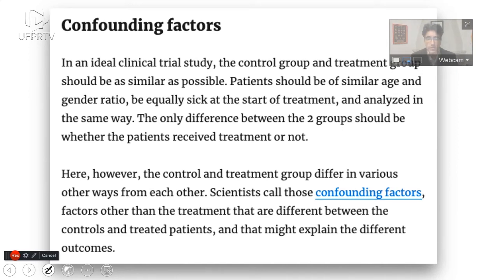Most of you watching this know this. Patients should be of similar age and gender ratio, be equally sick at the start of treatment, and be analyzed in the same way. The only difference between the two groups should be whether the patients receive treatment or not. This is clearly a valid critique of the article.